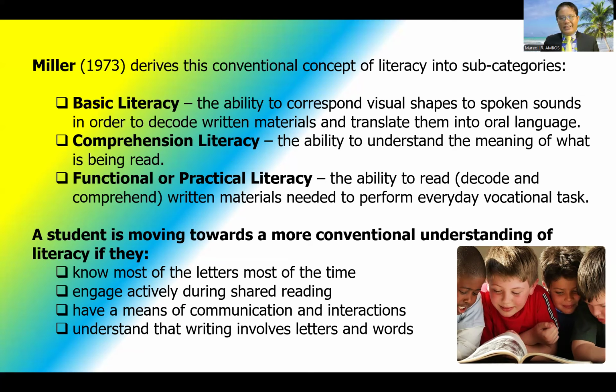So the example that we can have is the first time that we are learning sounds, for example shapes. We associate sounds with the shapes, like letter A for apple and so on.